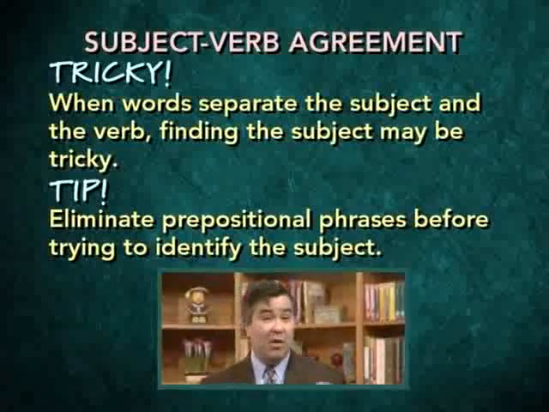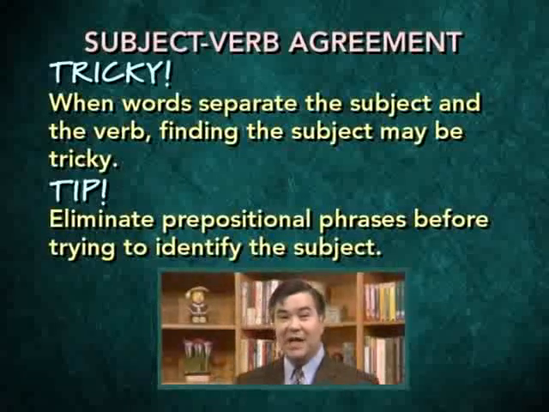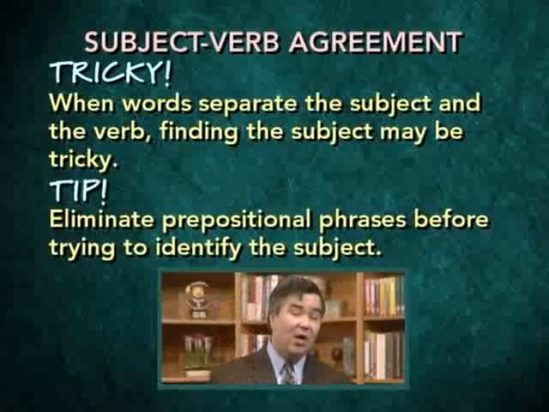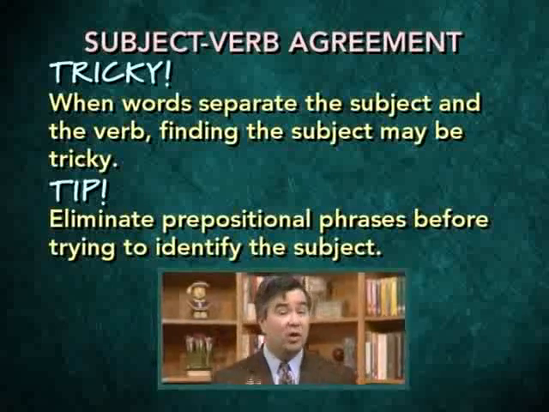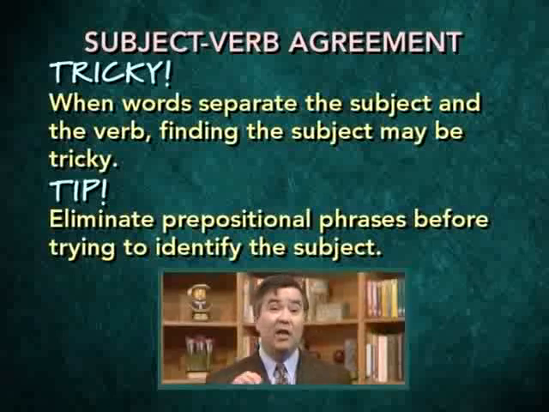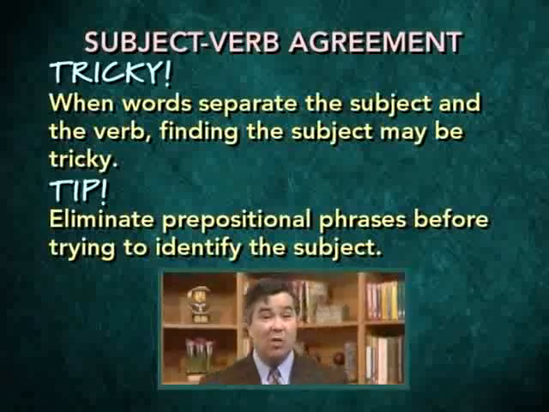And therefore, when you're looking for the subject of a sentence, in order to make sure that you've got subject-verb agreement correct, you can mentally eliminate all the prepositional phrases, all the phrases that begin with those little prepositions, words like of, in, by, for, from, to, with, and so on.